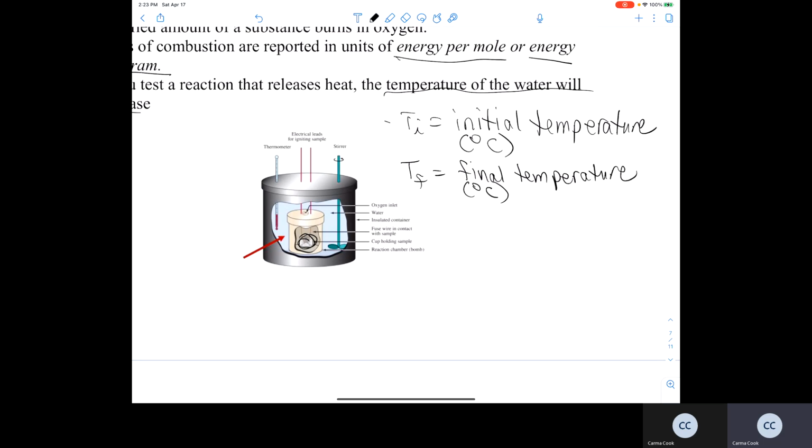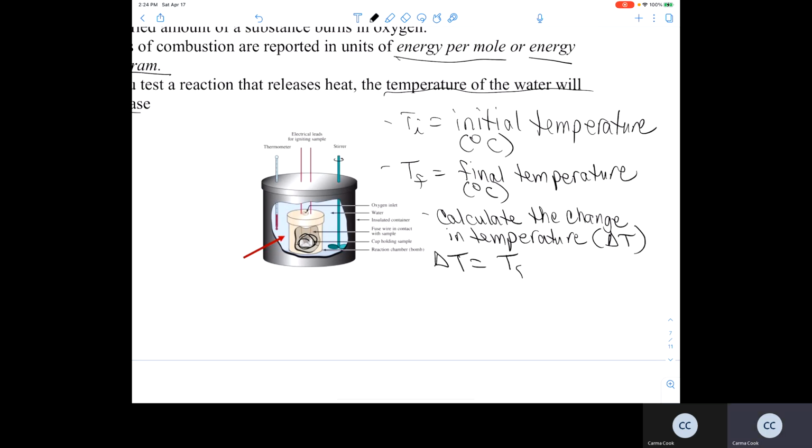And then you calculate what's called the change in temperature, which is called the delta T. Delta T is equal to the final temperature minus the initial temperature.